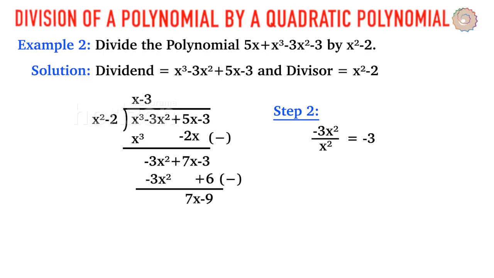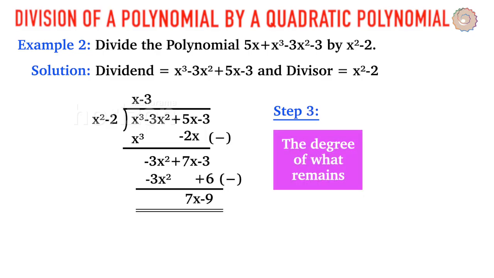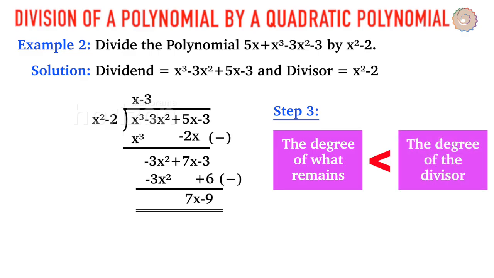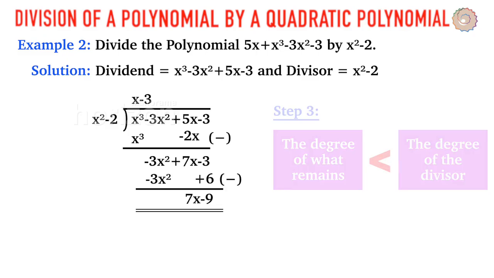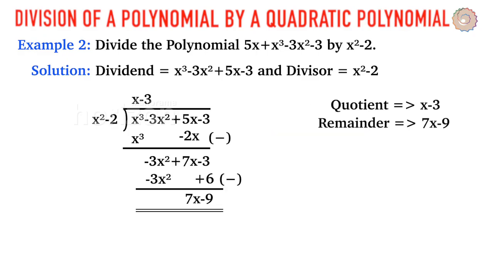This step is repeated until we reach the final step, that is when the degree of what remains is less than the degree of the divisor. So we cannot continue the division any further. Here, since the degree of 7x - 9 is less than the degree of x^2 - 2, no further division takes place. So the quotient is x - 3 and the remainder is 7x - 9.